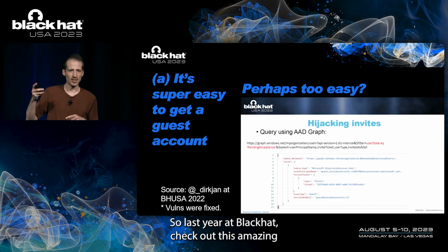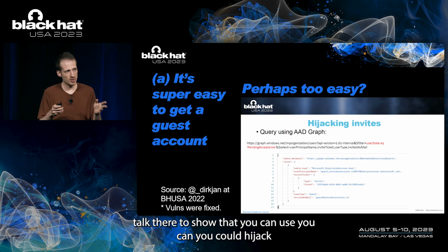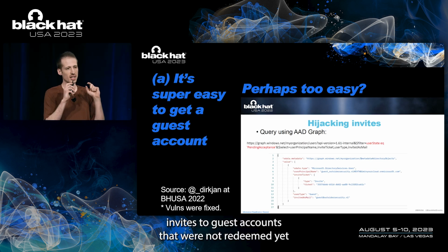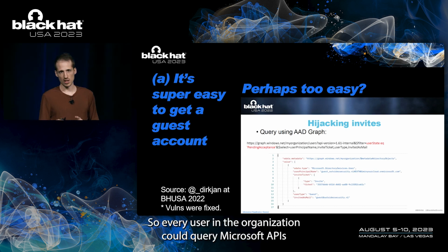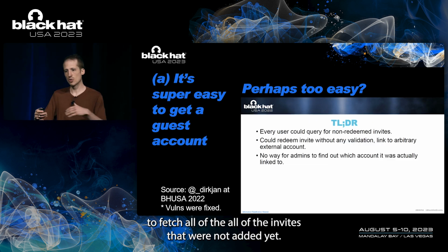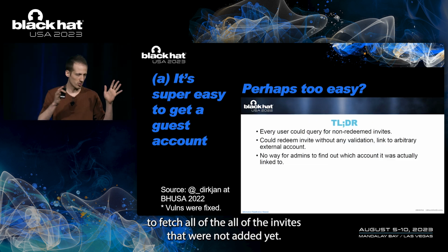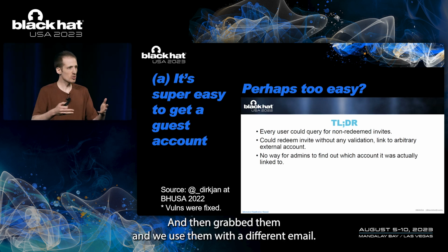So last year at Black Hat, check out this amazing talk, Dirk showed that you could hijack invites to guest accounts that were not redeemed yet, and then redeem them with a different email. Every user in the organization could query Microsoft APIs to fetch all of the invites that were not redeemed yet, and then grab them and reuse them with a different email.